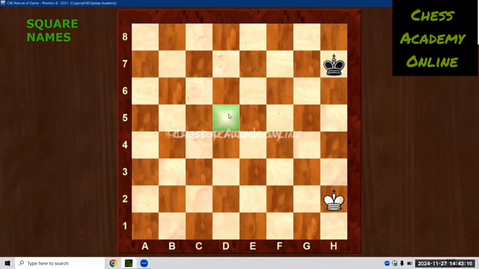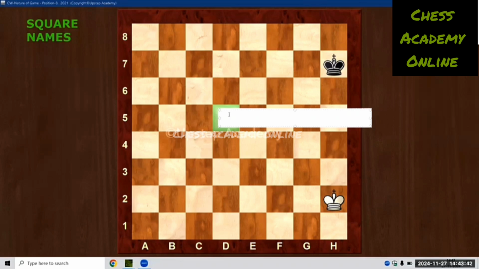So this green square has a name which will start with a letter and a number. So if you see down, it's pointing at the letter D. And after the letter on the left side, we can see it's pointing on the number 5. So this green square will be called D5.